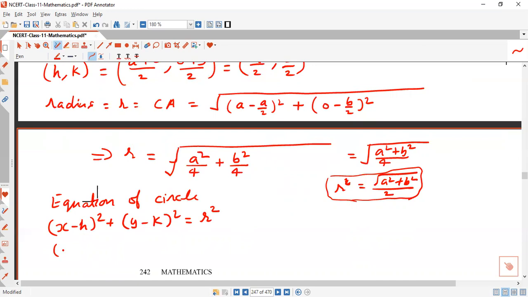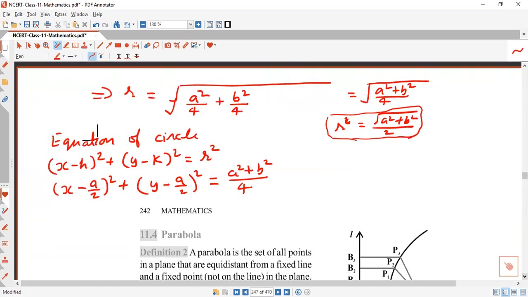So (x minus a by 2) whole square plus (y minus b by 2) whole square, and r square will be (a square plus b square) by 4. This is the answer of this question. There is no need to go for further simplification.